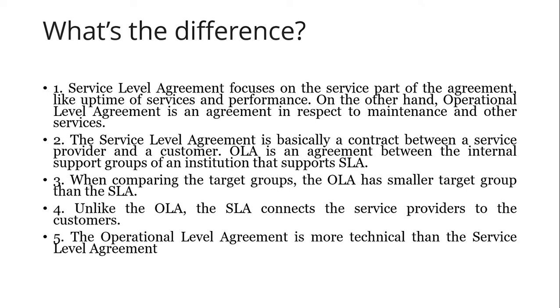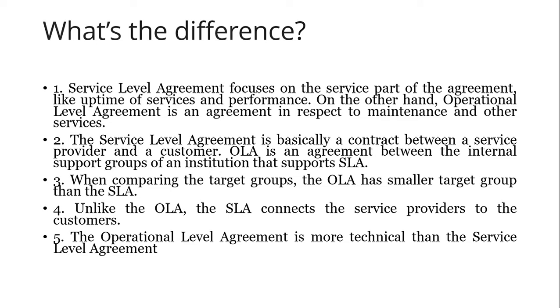When it comes to the differences, the first difference we are supposed to know about SLA and OLA is that SLA focuses on the service part of the agreement, like uptime of services and performance. But OLA is an agreement with respect to maintenance and other services.